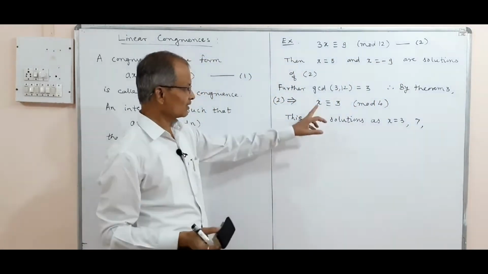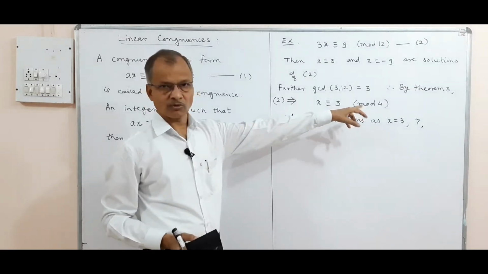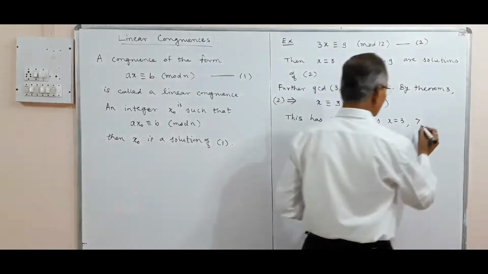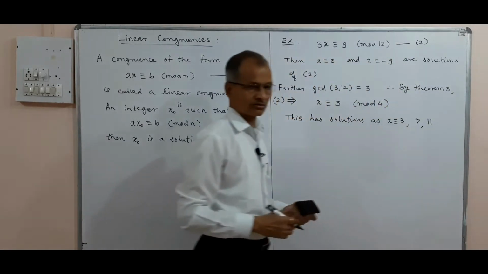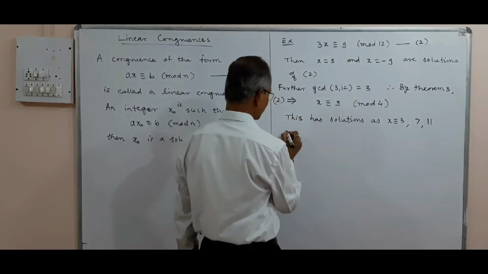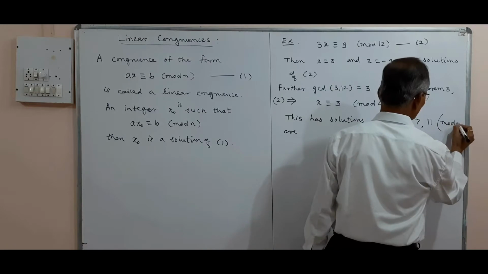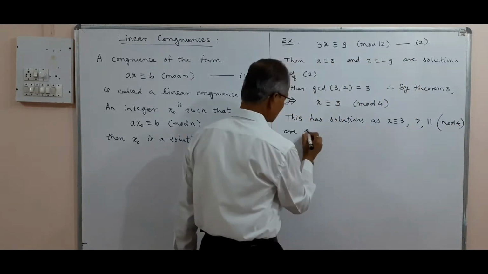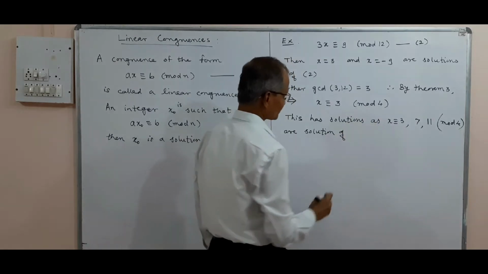And one more we can consider, 11. 11 minus 3 is 8, 4 divides 8, and therefore these are solutions. But not only these, all integers congruent to these under modulo 4 are solutions of this congruence.